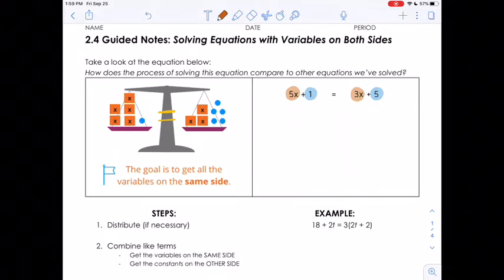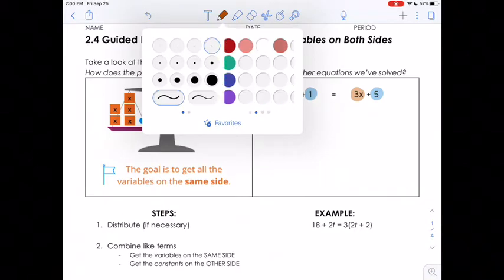Our strategy here is to move the x's to the same side. If I'm going to move these x's, the second I take them off this side of the scale, it's going to become unbalanced. To represent this mathematically, we use the idea that what I do to one side, I must also do to the other side.